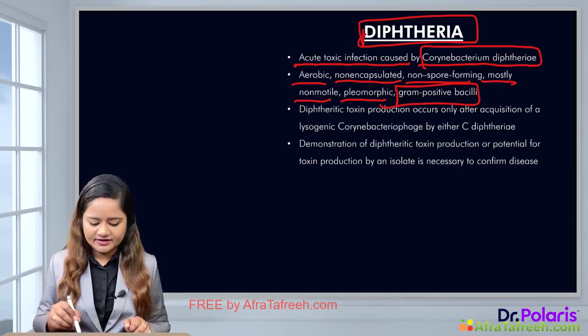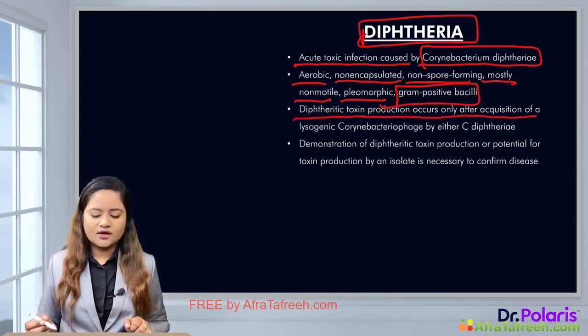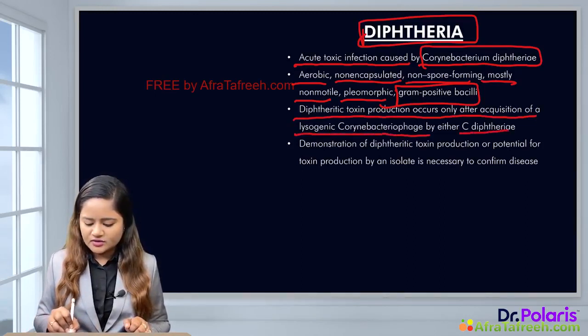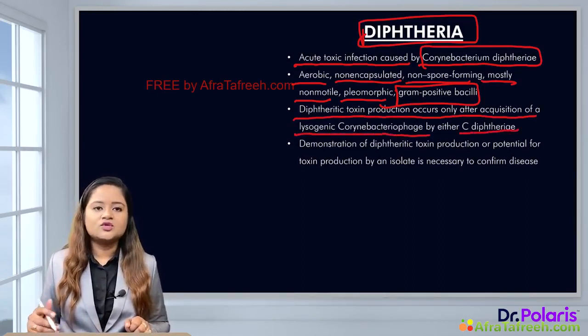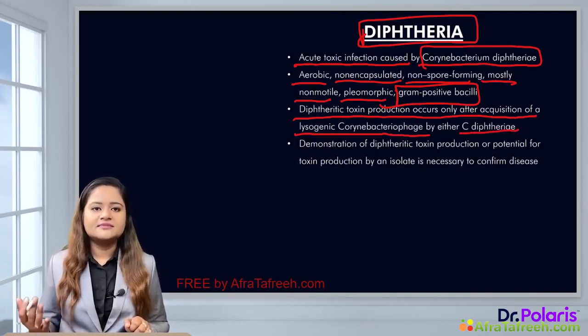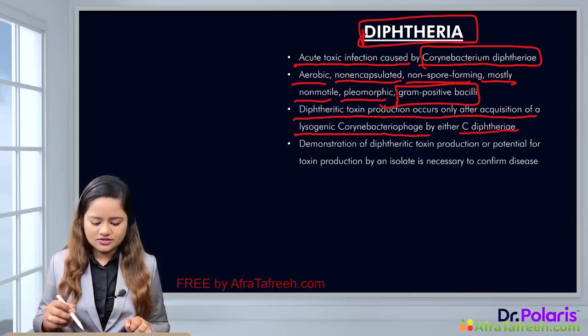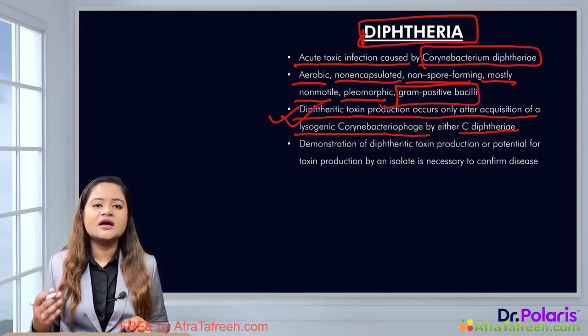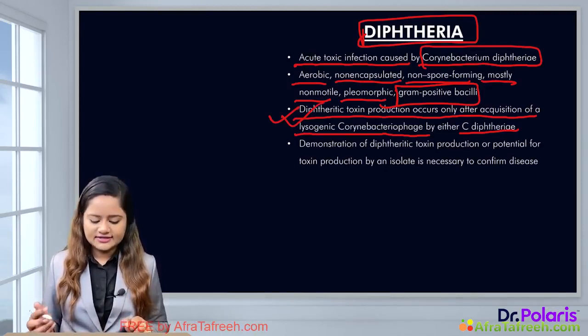Diphtheric toxin production occurs only after the acquisition of a lysogenic corynebacteriophage by the Corynebacterium diphtheriae. Once they enter the body, the main mechanism is production of the diphtheric toxin. Whenever virulence is acquired, these organisms are capable of producing the diphtheric toxin that causes all the clinical symptoms.